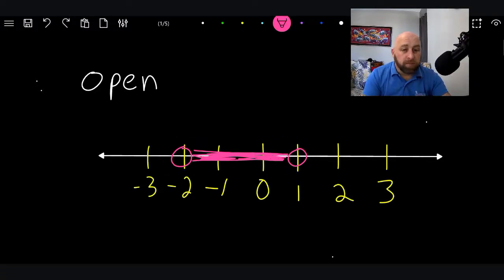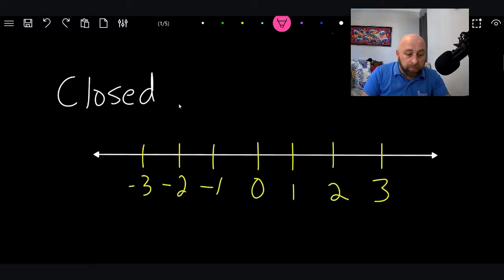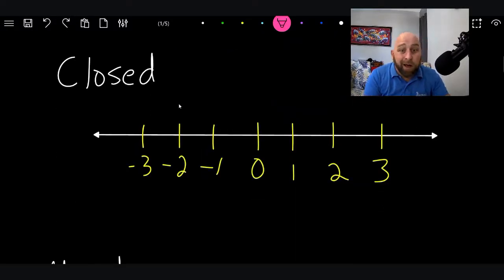Again, just kind of listen to what I'm saying right now, and once we start doing these, you'll go, oh, okay, I get it. The next one is called closed. Sorry, that other one was called open, this one is called closed. Let's say one of our critical numbers is at -2, the other critical number is at 1.